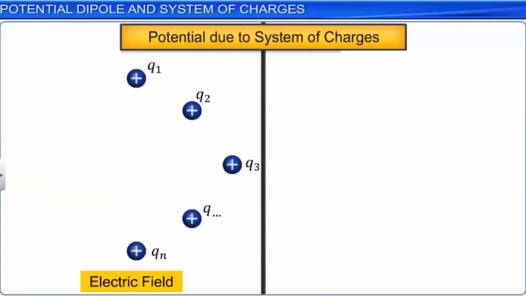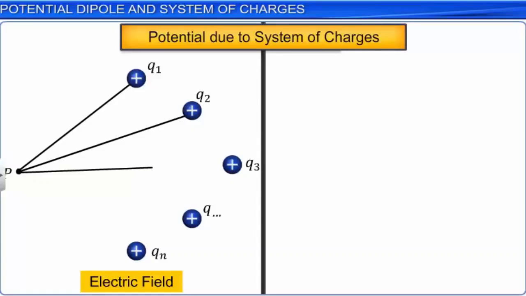Let us consider a point P in the electric field of the charge configuration. Let the distances of Q1, Q2, Q3, and so on up to Qn from point P be r1, r2, r3, and so on up to rn respectively.